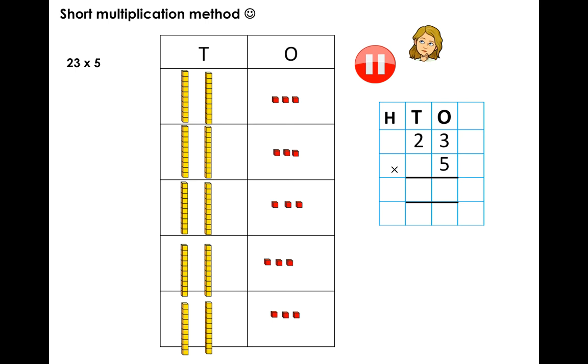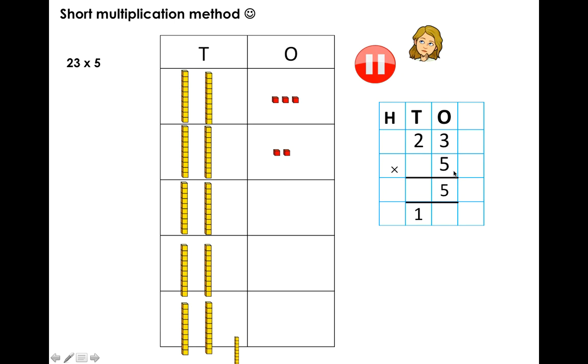So we should have started in the 1s and done 3 times 5 to give us 15. Okay, and then we know we can't have 15 1s in the 1s column, so we're going to regroup 10 1s for a 10. And we show that with a 10 underneath the 10s and a 5 in the 1s column.